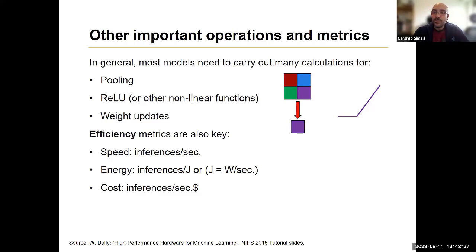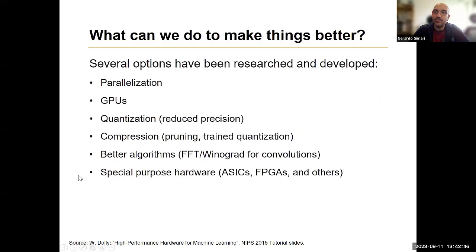So you also have inferences per second per dollar, percent, or whatever the unit of cost you want to use. All of these things have a pretty large impact on the whole training and then deployment efforts.